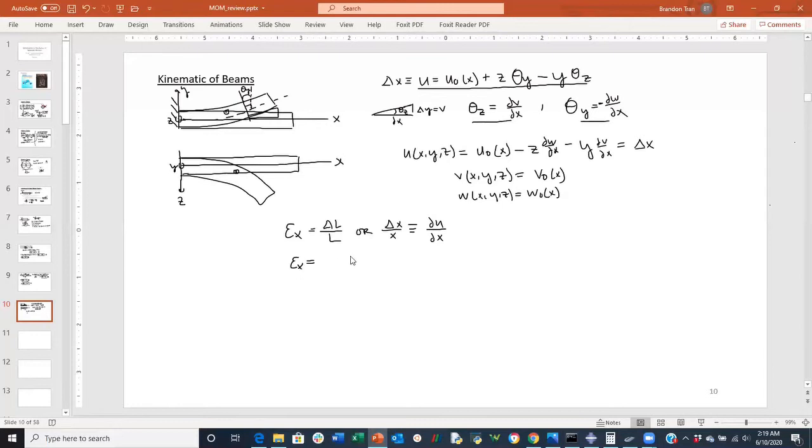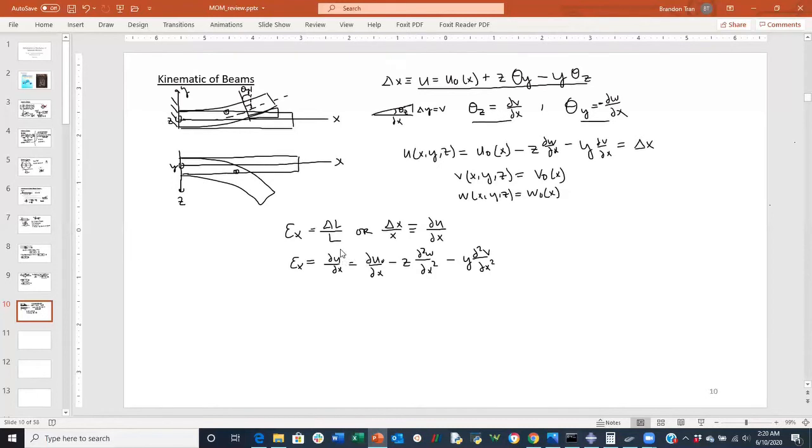Strain in the x direction is du dx, which is equal to midplane strain minus z times the second order partial of the displacement in the z direction with respect to x, minus y times the second order partial in the y direction with respect to x, okay?